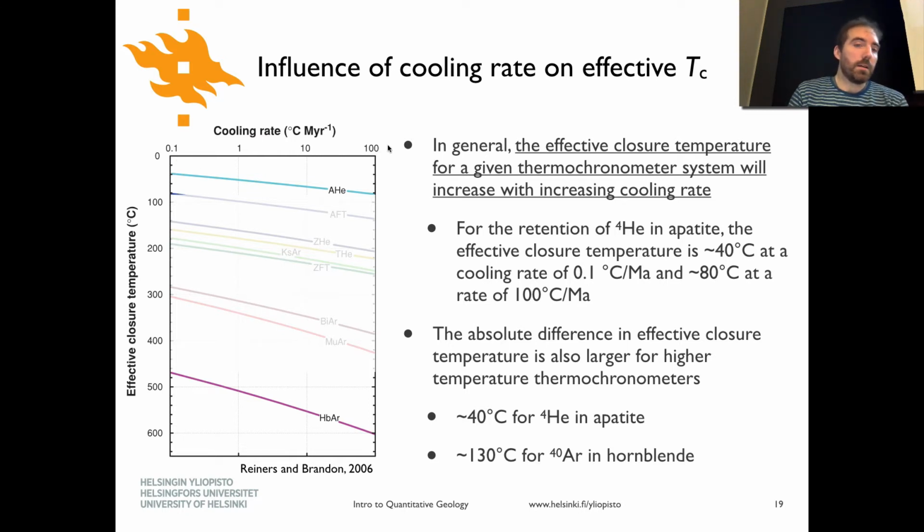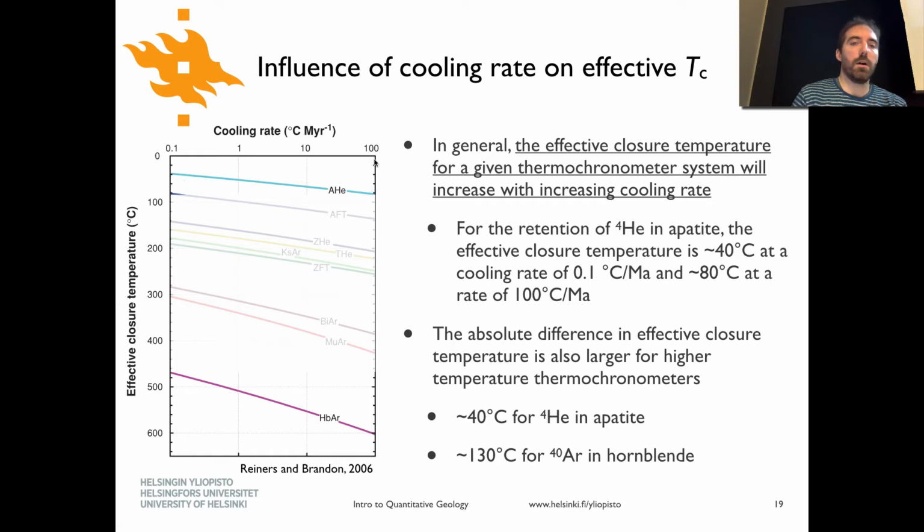So we have cooling rates here on the top, and then we have closure temperatures that are shown here on the vertical axis. And then there's a bunch of different thermochronometers here. And I've put a little transparent box over most of it because you don't need to know all of the details here. But the idea is that if we look at one system, so this is the retention of helium within an apatite crystal, you see that at a slow cooling rate, the closure temperature might be something like 40 degrees.